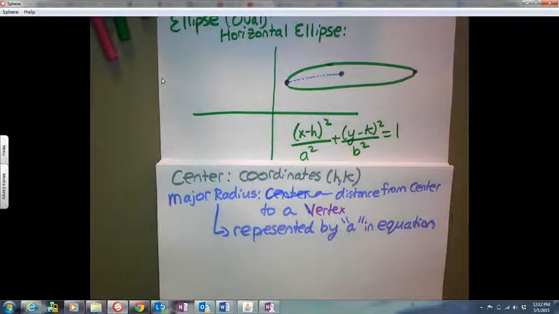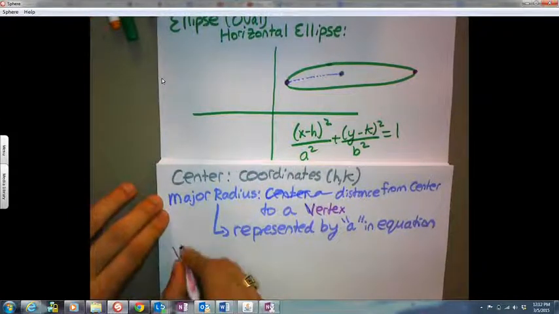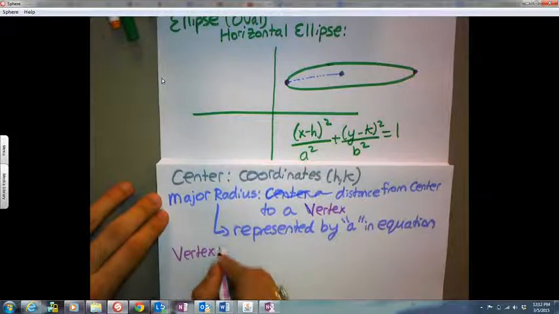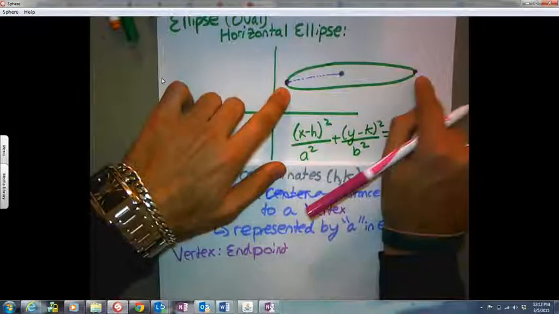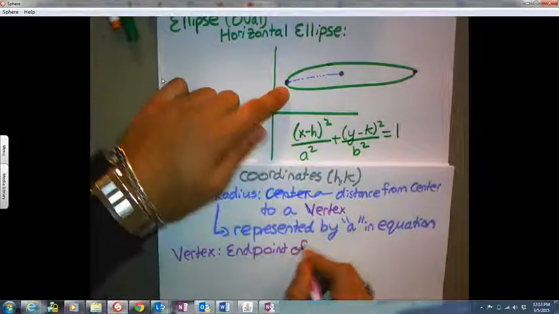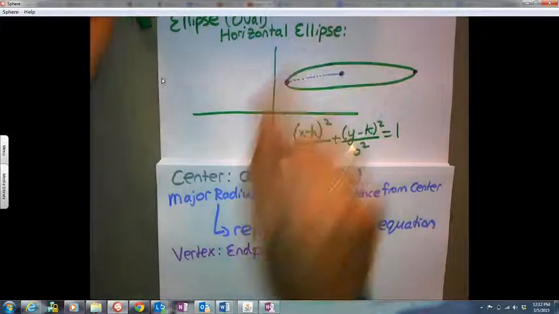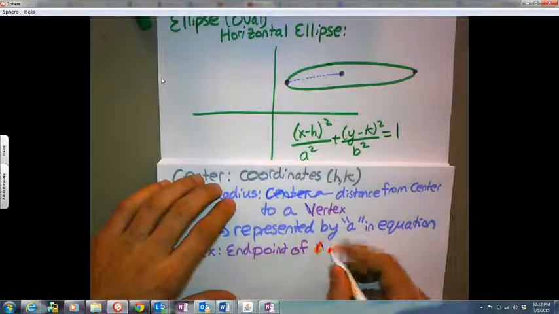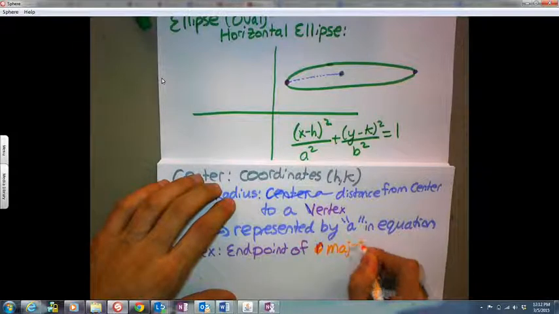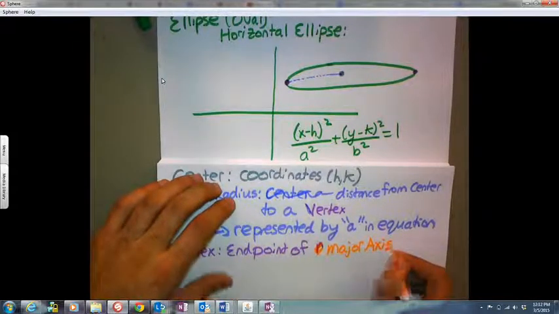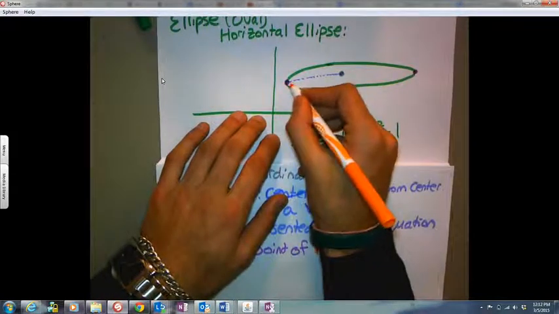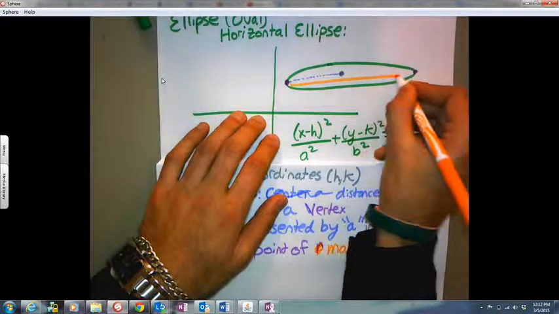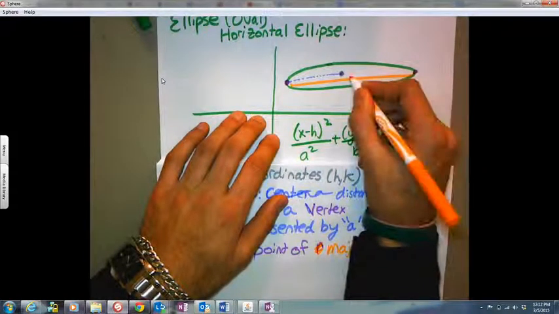So let's look at vertex. Vertex is the end point of the major axis. The major axis is this whole distance, like a diameter on a circle, from one vertex to the other.